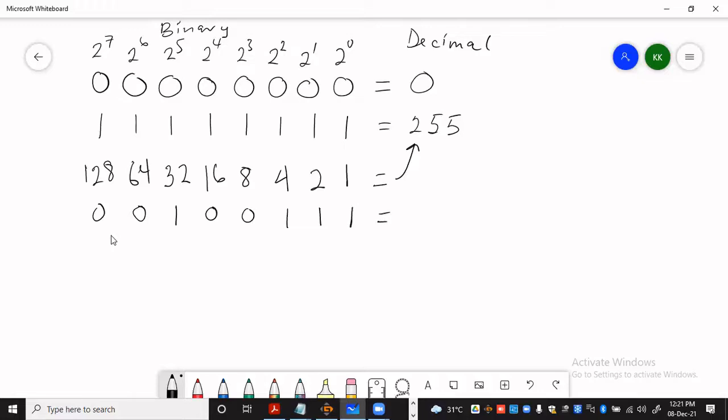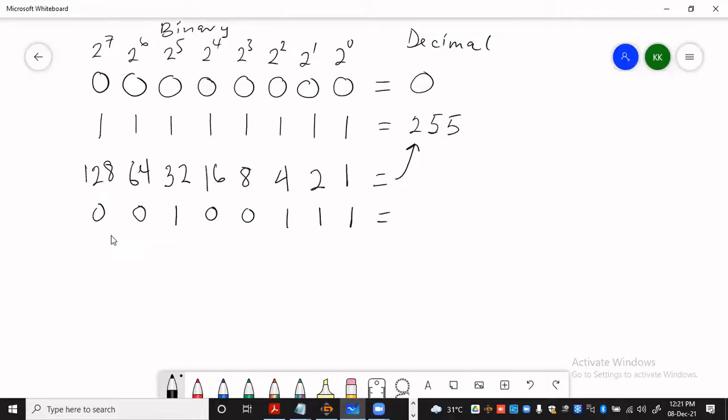What will be the decimal value for it? So you have to look at the bits that were switched on. We switched on this bit. It's on. This one is on. This one is on. See, they're all 1. But these guys are off. It's off because it's 0, 0.